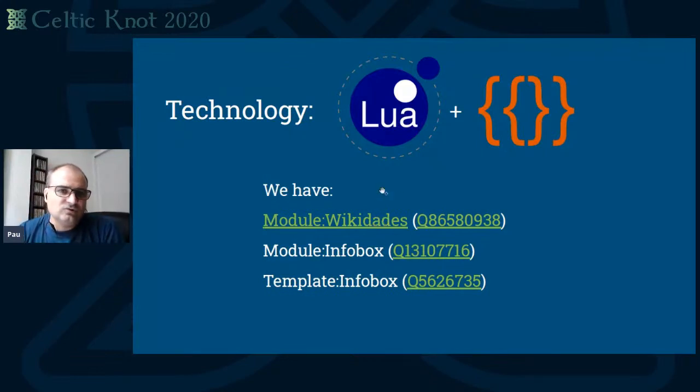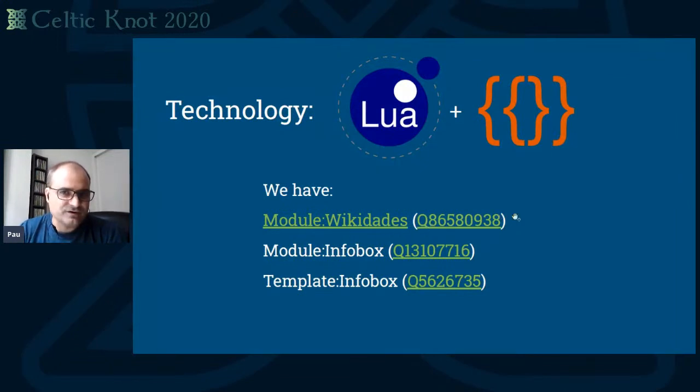So we have a module called Wikidata, which is written in Lua, and the module called Infobox, which is also written in Lua. The second one, the Infobox module, is nearly the same as we have in nearly every Wikipedia. But the first one, I think, is the thing that makes the project different. So we are very happy to see that our module Wikidata is still being used in 16 different Wikipedias.